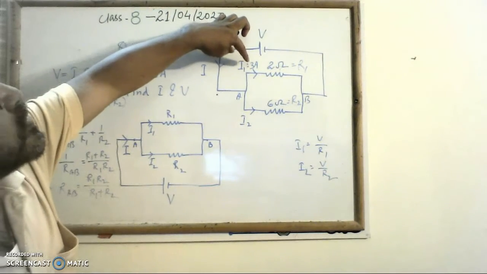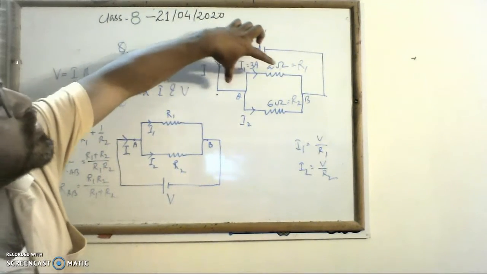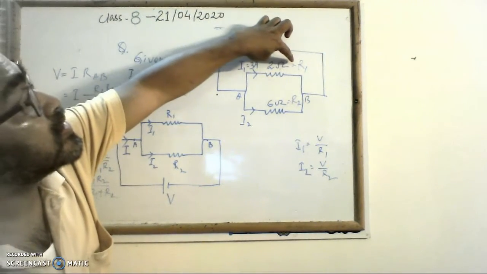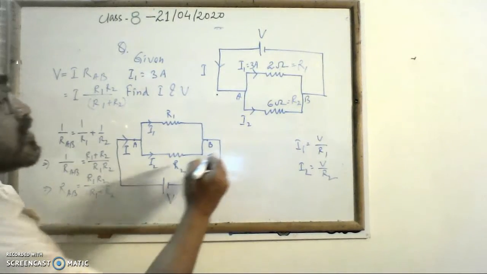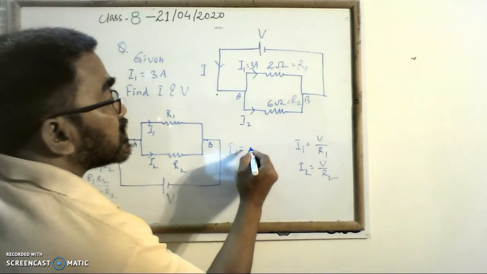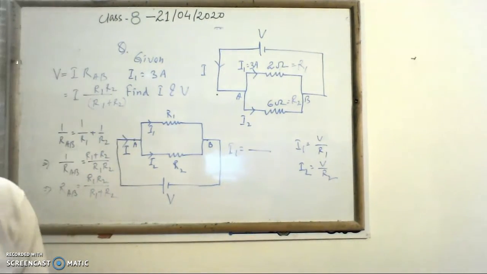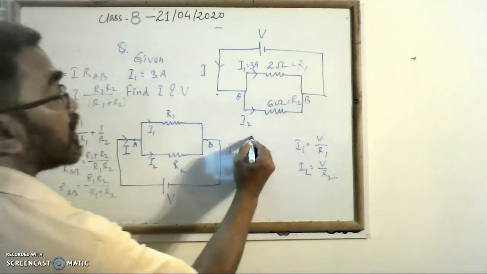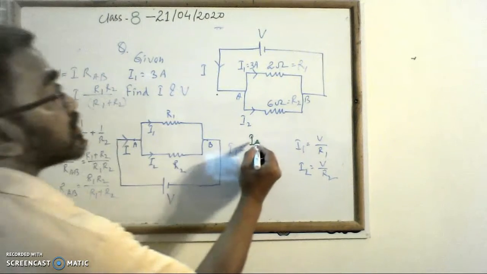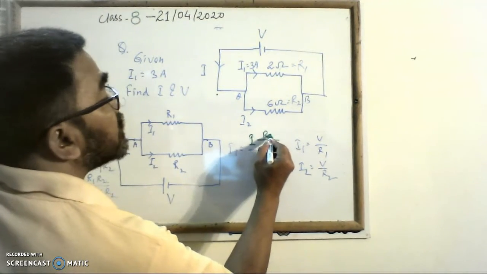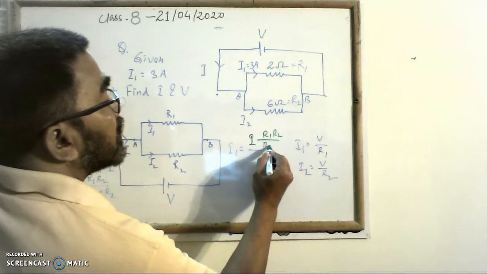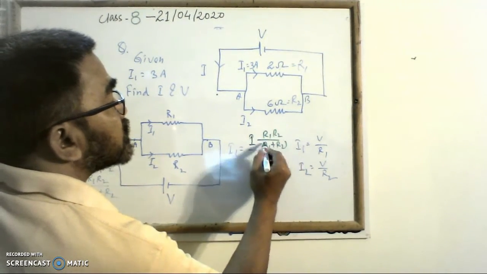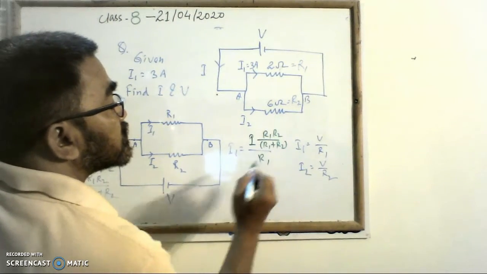So if you want to find out I1, then the total voltage should be divided by R1. Now put the value of V here, I times R1 R2 by R1 plus R2, divided by R1.